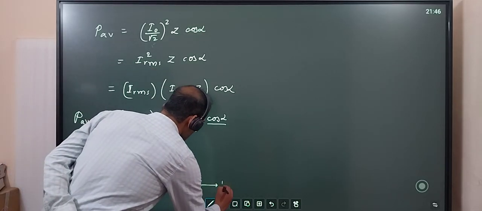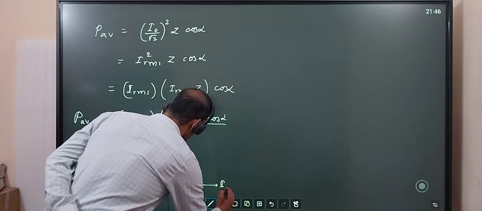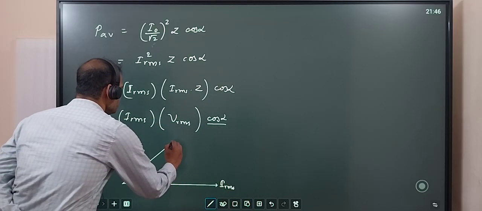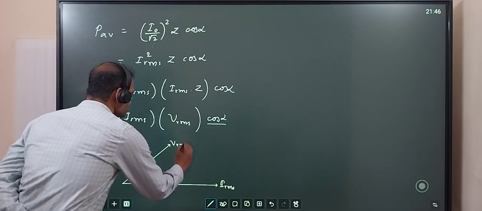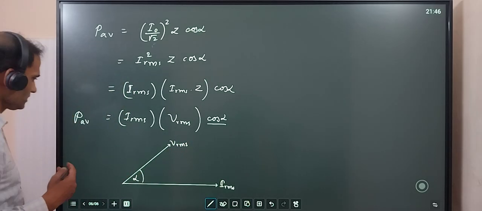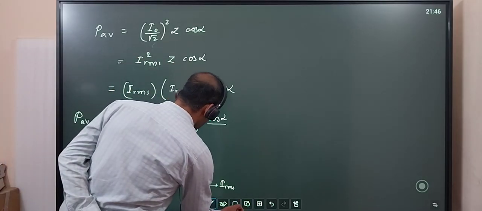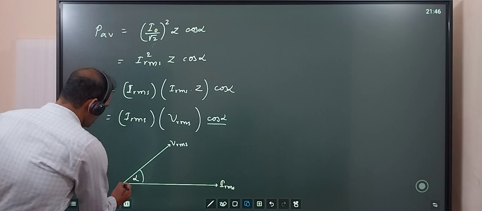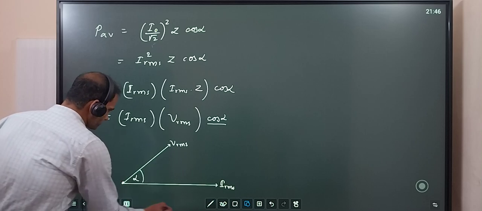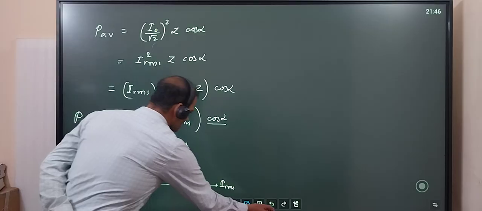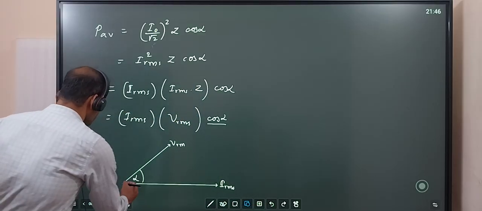So this is IRMS, and this is VRMS. Then this IRMS has two parts. I will show it by dotted phasors actually.